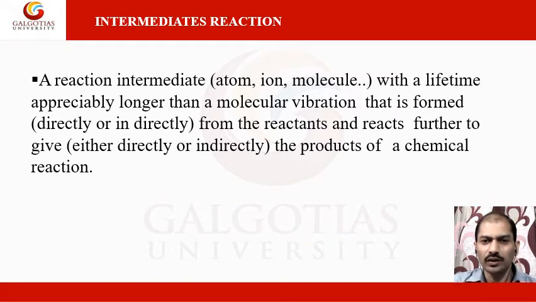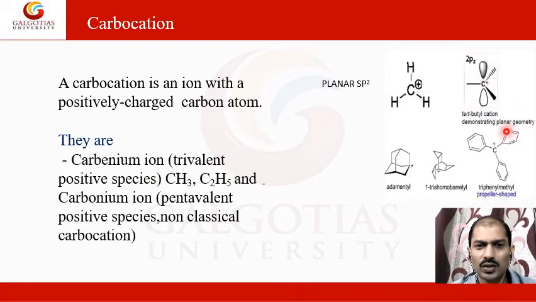Before going to carbanion, carbene, and free radical, which is the topic of the lecture, you should have some prior knowledge of carbocation. Carbocation, you all might know, is an electron deficient species, represented by this structure, having a planar structure and sp2 hybridized.